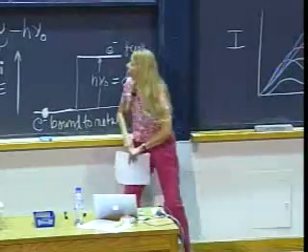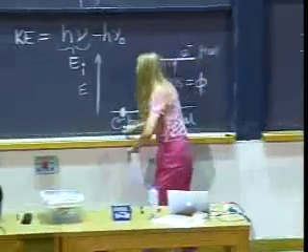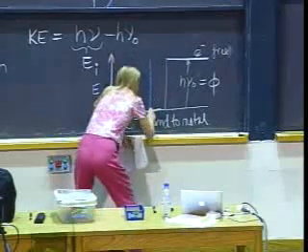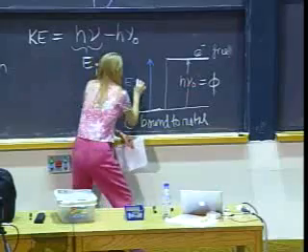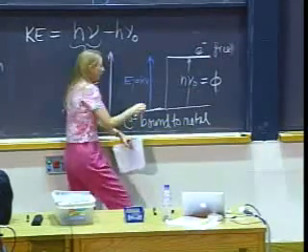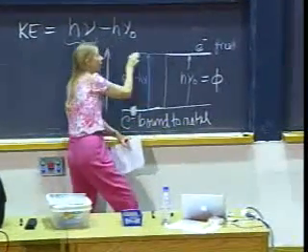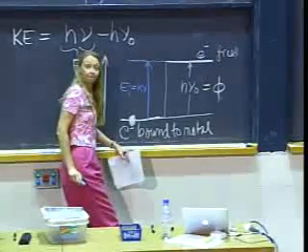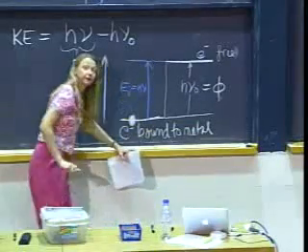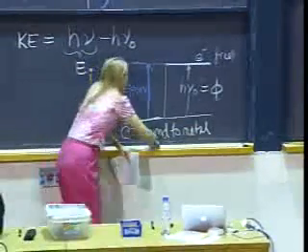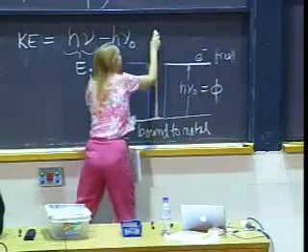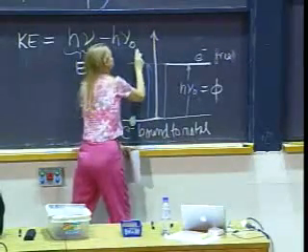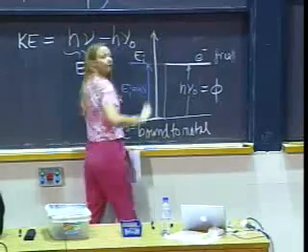So in other words, if you come in with a photon, and the photon has this much energy, E sub I equal h nu naught, you can rip the electron off. But you have to have at least this. Now, you can come in with a photon that has more energy than that, E sub I from here to here.